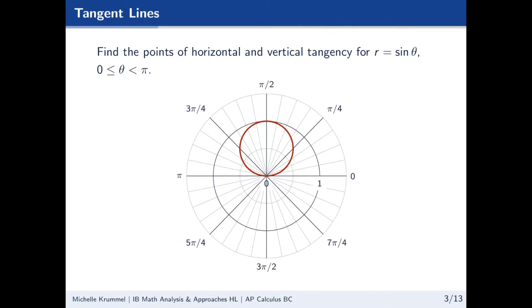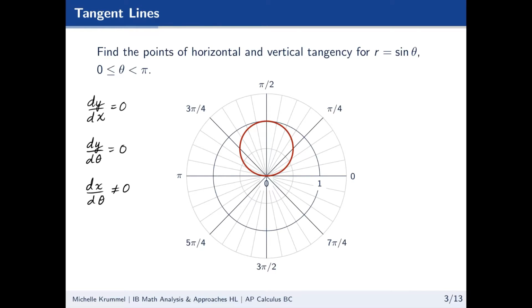Well, we know in order for that to happen, our slope dy dx is going to have to equal 0. And in order for that to be true, we need dy d theta to equal 0 and dx d theta to not equal 0.